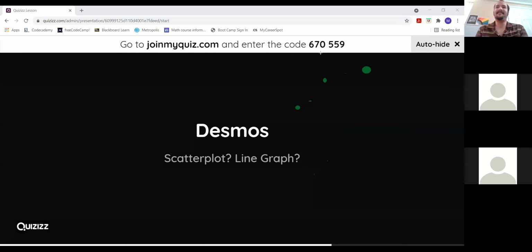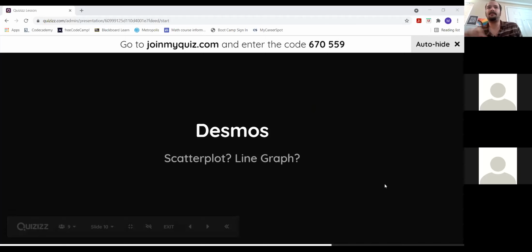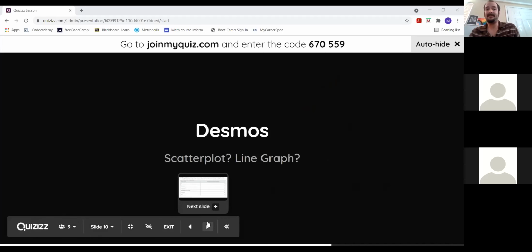It is detailed exactly how you think it is. That is the scatter plot. When we start putting lines between our dot points, that is the line graph. So you should be able to do a scatter plot, and you should be able to do a line graph.